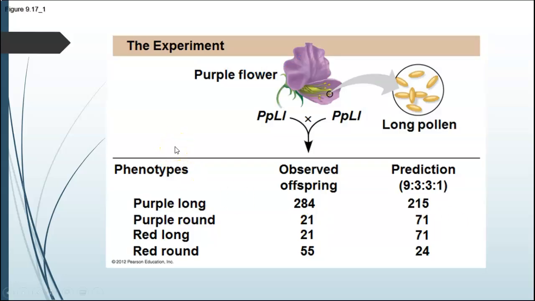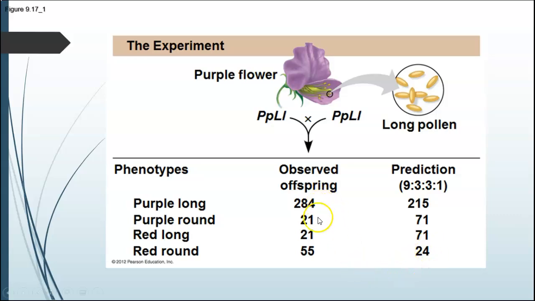Okay, so they were looking at, I think these are also pea plants, and they were looking at the pollen, the shape of the pollen. And so they're looking at, maybe they weren't pea plants, some other kind of plants. So they had plants with purple flowers that had long pollen, and they had plants that were red that had round pollen. And so what they found when they crossed them, when they compared the pollen, they expected to get a 9:3:3:1 ratio, like Mendel did with the different traits in the pea plants, okay?